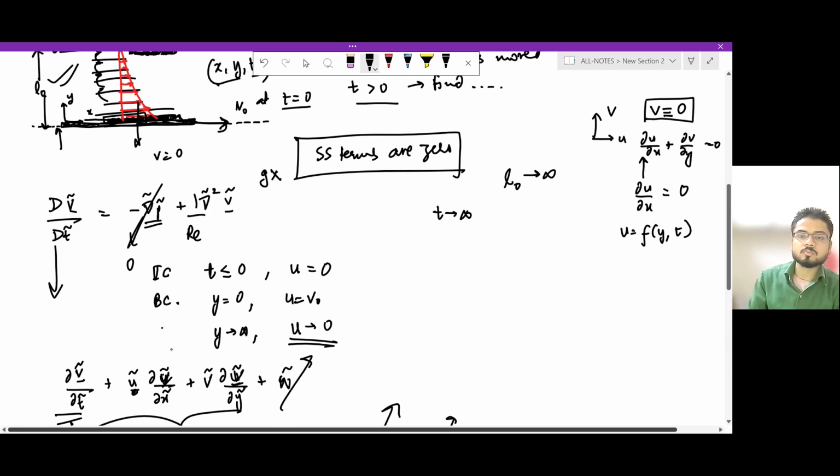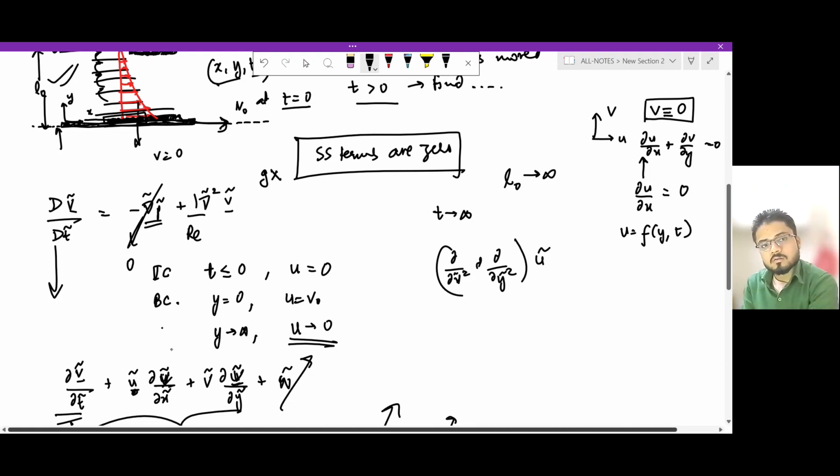For the u part, it can be written as del x squared plus del y squared times u tilde. And we are assuming that u does not vary with x. So if u at x equals 0 is equal to v naught, then it is v naught everywhere, at every point. And if it is something like v naught by 2, then it is v naught by 2 at every point.